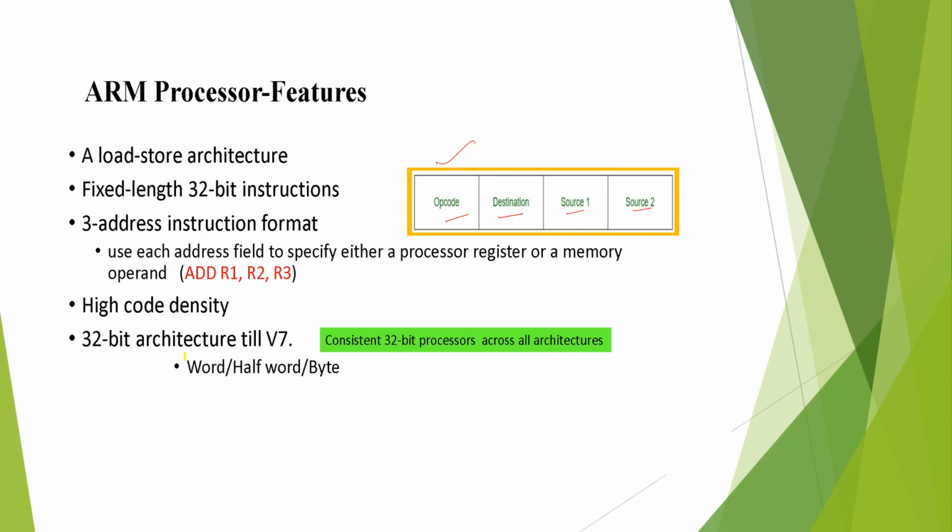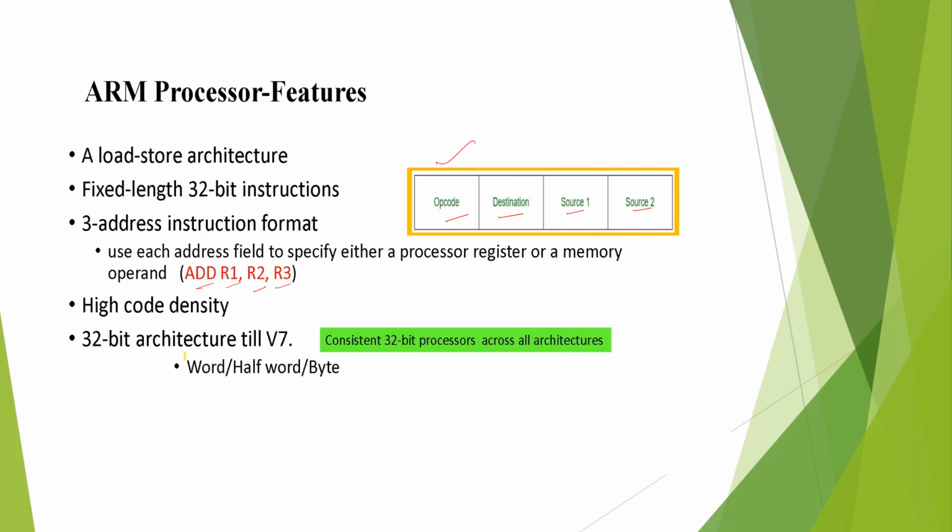For example, if we are going to add two 32-bit data, operand 1 data is available in register 2, operand 2 data is available in register 3, and the opcode is add. So both data will be added and stored in this R1 register, which is the destination.